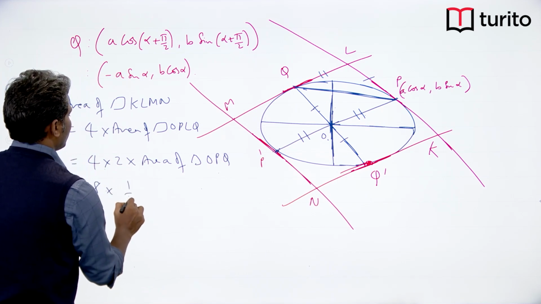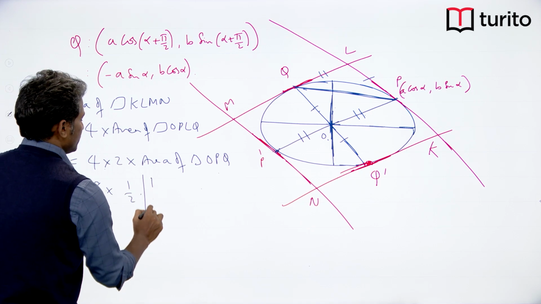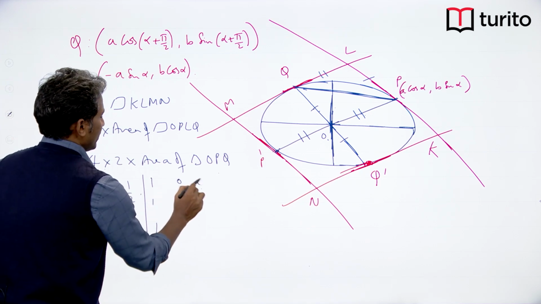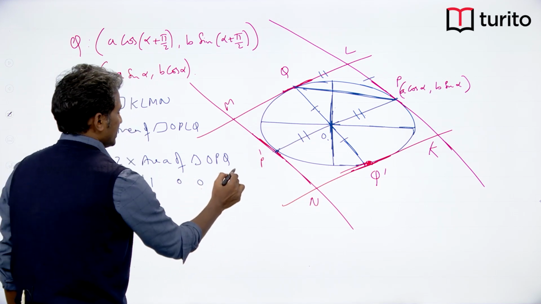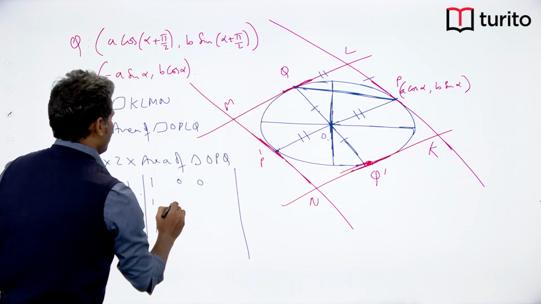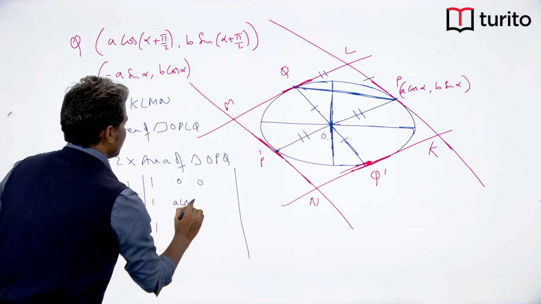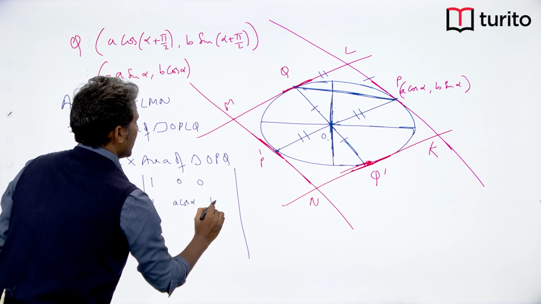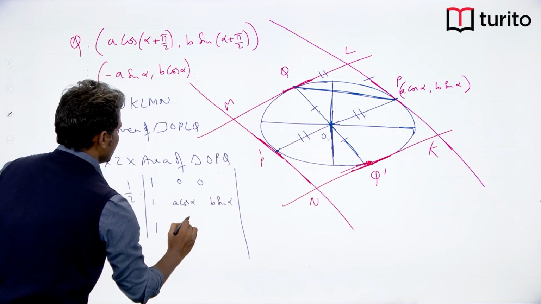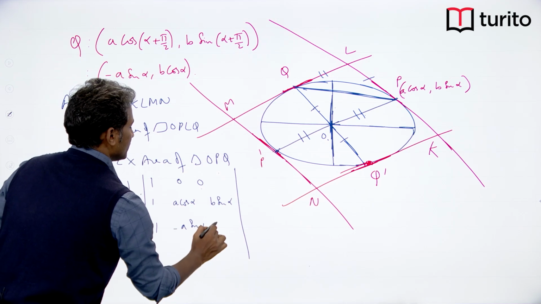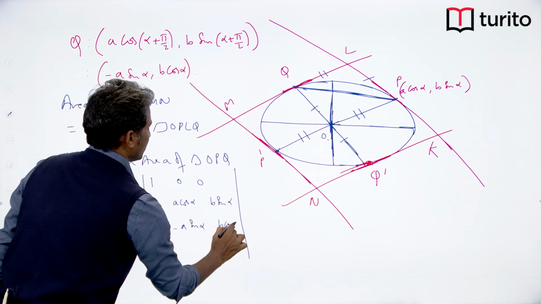This is equal to half into the determinant of 1 1 1, x1 y1, where I have taken the center as the coordinates. Next, x2 y2, which is a cos alpha and b sin alpha. For Q, I can take minus a sin alpha and b cos alpha.